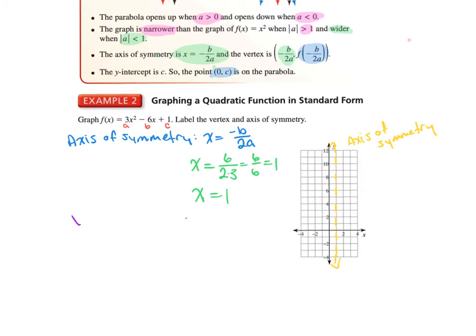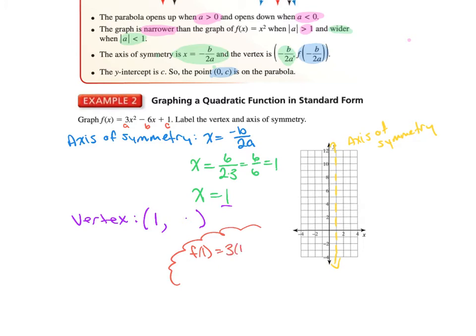So our vertex, we're going to steal the axis of symmetry x value, because that's our x value, but we do not know what our y value is. So let's find that. Let's do a little bit of math over here. We have our function, and we're going to plug in 1 into our original function.